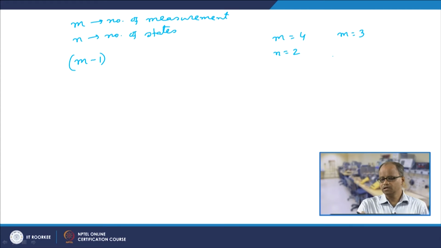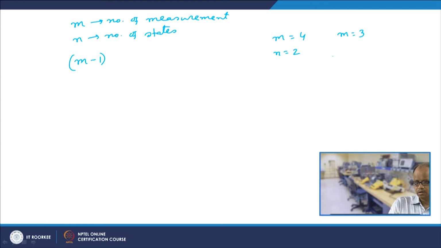Now, in this example, when we took 3 measurements, we got our estimated states to be acceptable, because in that case we did not detect any kind of bad data. But it may happen that in a system there are multiple meters which have gone bad.